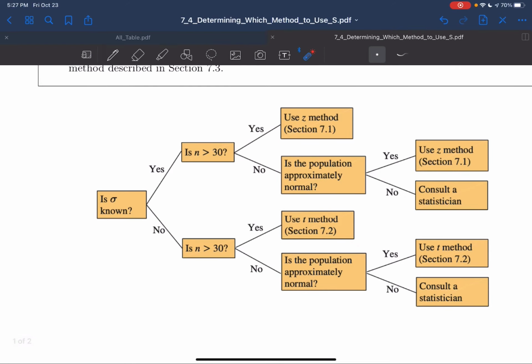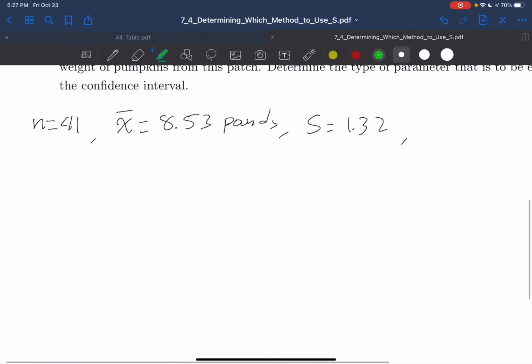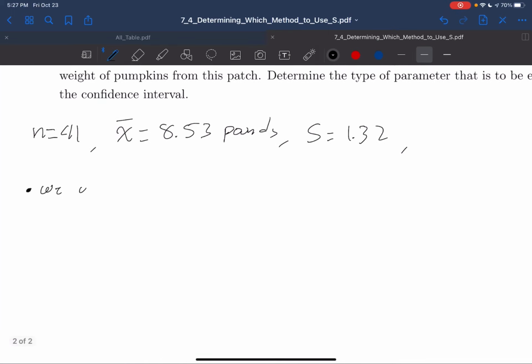So we're going to use the T method here. Great. Now that we know which method to use, we can continue constructing the confidence interval.